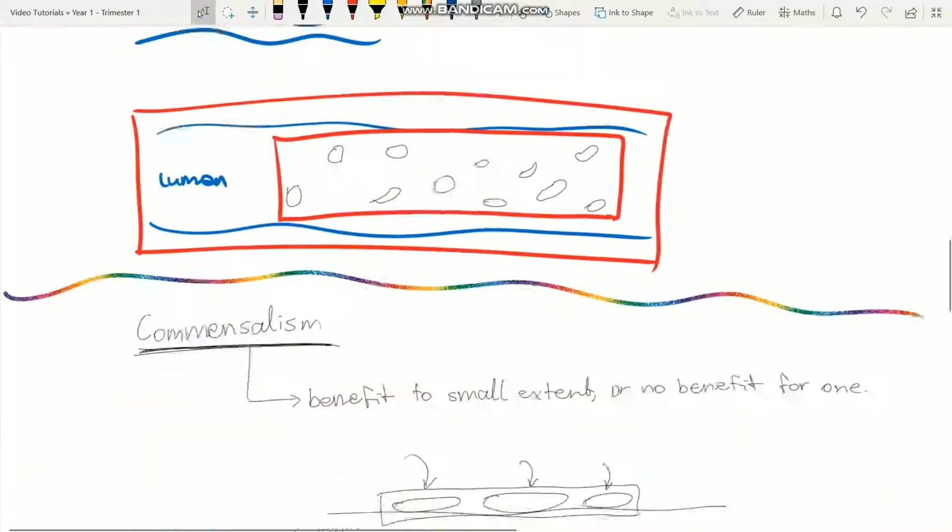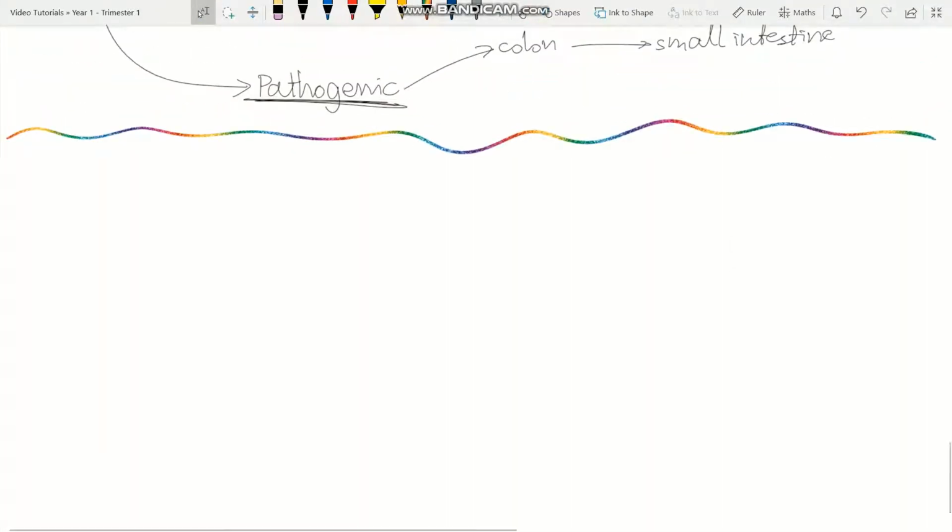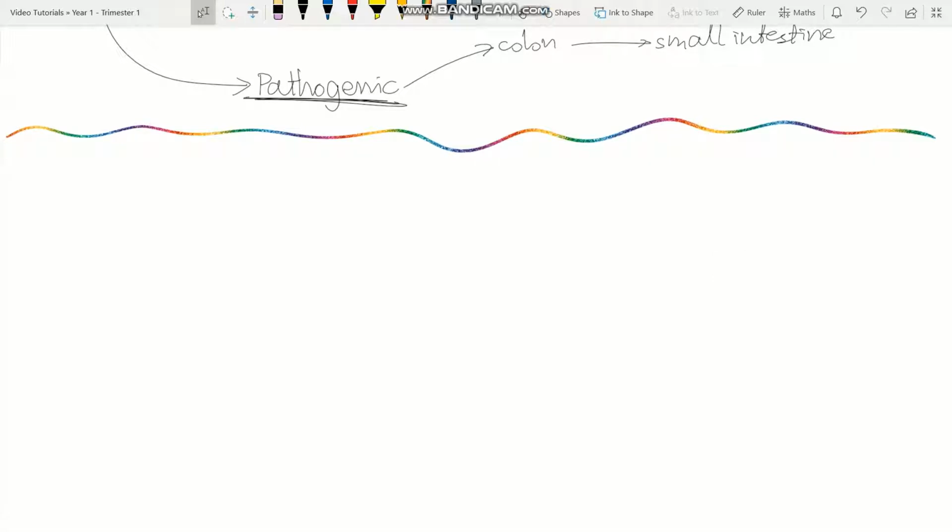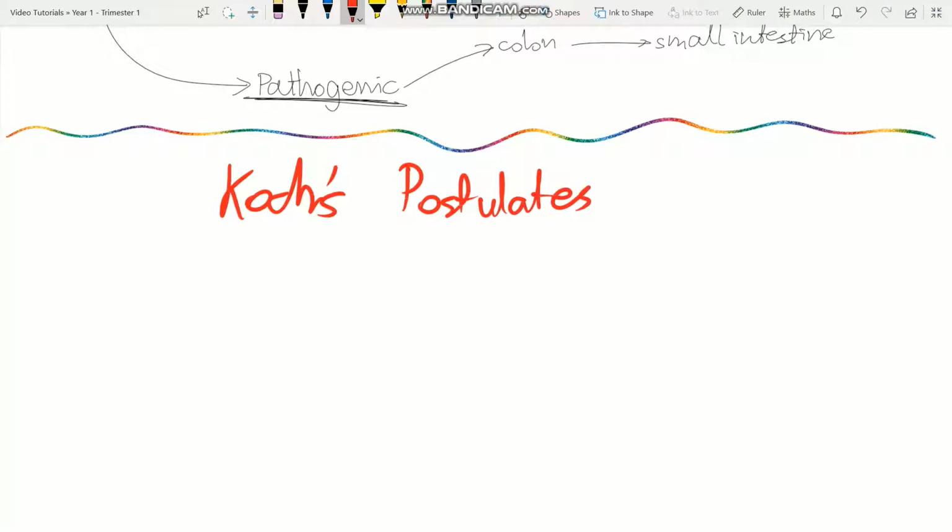The last part that I just want to go through, which is a little unrelated, but relates to microbiota as a whole, is what we call Koch's postulates. And Koch's postulates are quite important because they're essentially the building blocks of how we're able to research different microbiota.